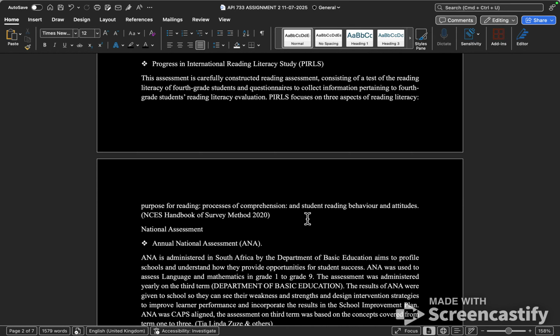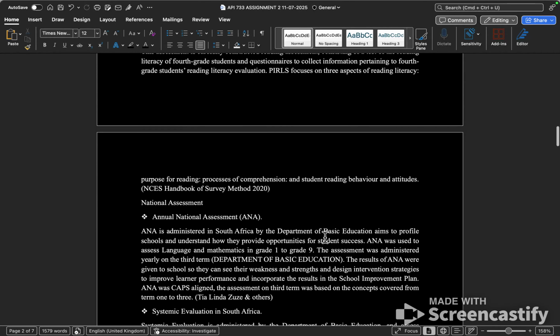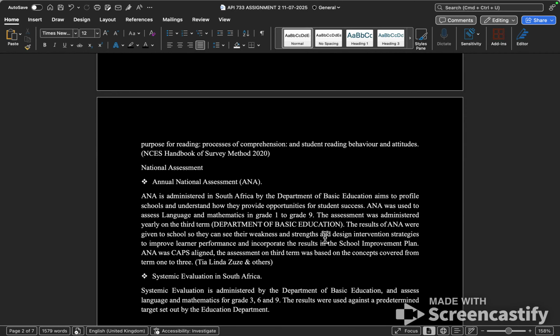And then we've got national assessment, the assessments that are only used here in South Africa, which is annual national assessment. That is ANA. ANA is administered by the Basic Education Department. It is administered on grade 1 to grade 9 learners.